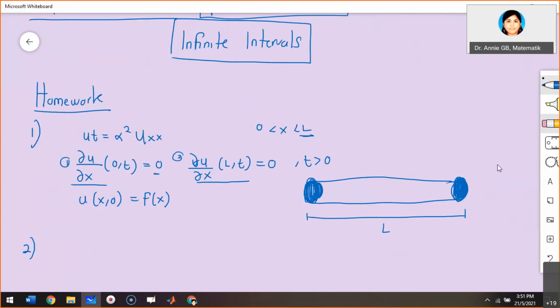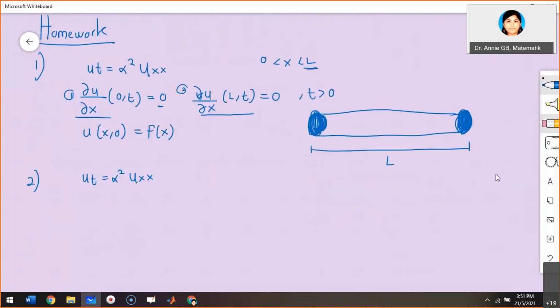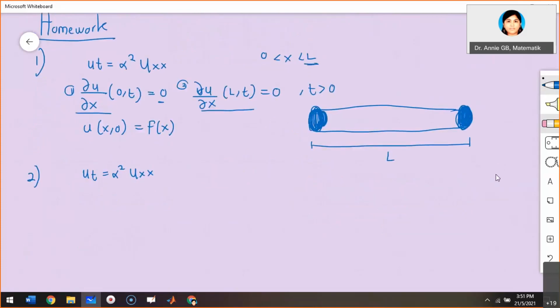And then the other one, something like this. Ut equals alpha squared uxx. Partial u over partial x at 0 t equals 0. And then this one, u(L,t) equals 100.